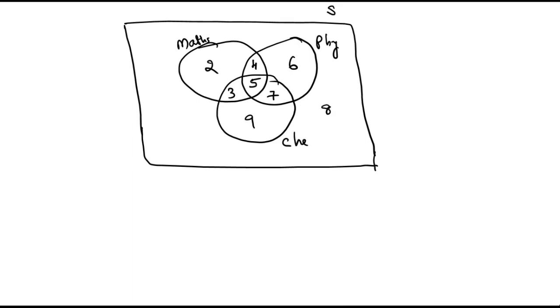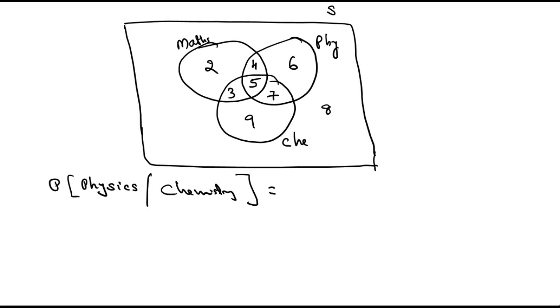Now suppose you want to find the probability of physics students given that chemistry. This means how many chemistry students have taken physics.